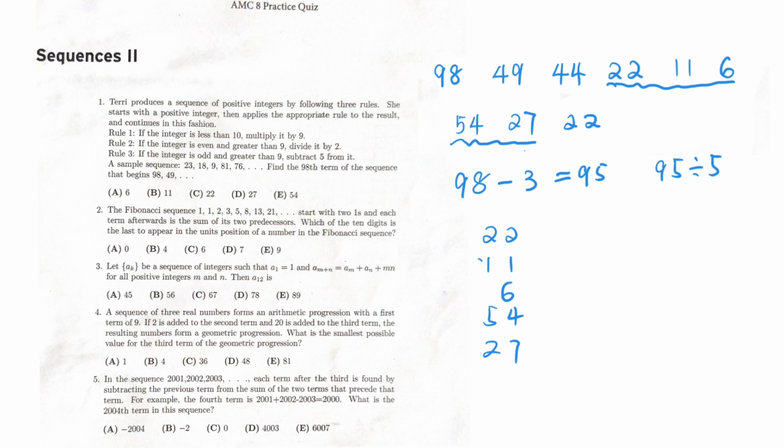When 5 numbers are cycling, repeating, if the remainder is 1, that's 22. Remainder 2 will be 11. Remainder 3, 6. Remainder 4, that's 54.